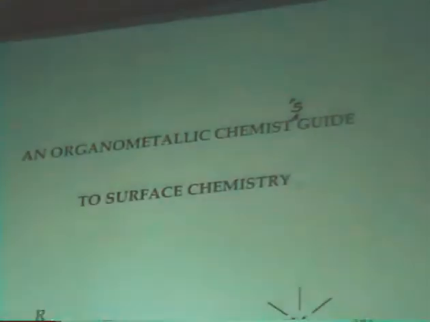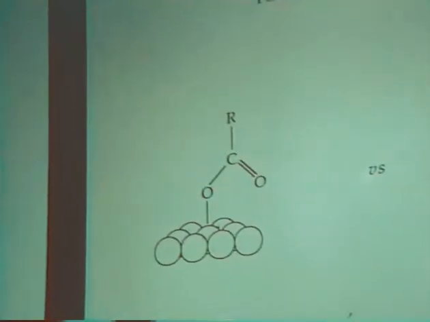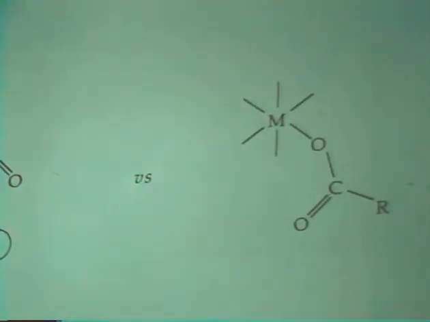What I'd like to talk with you a bit about today, and an alternate title to my talk might be an organometallic chemist's guide to surface chemistry. And you might recognize this title. I've rearranged a book in this area entitled A Surface Scientist's Guide to Organometallic Chemistry.